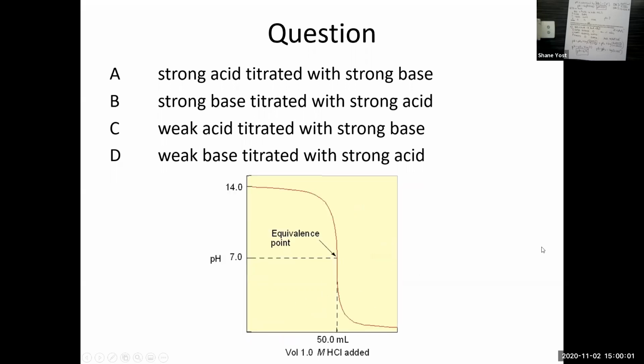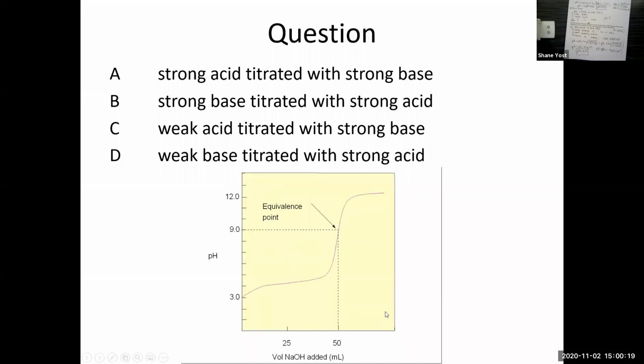And what about this one? B, right? Strong base to strong acid. Again, a pH of 7 at equivalence point. And then I start off with a basic solution and then end up with an acidic solution. Okay. This one. C, weak acid with a strong base.